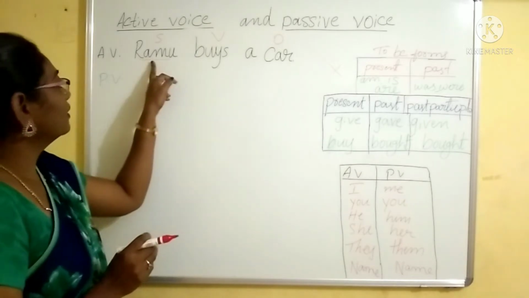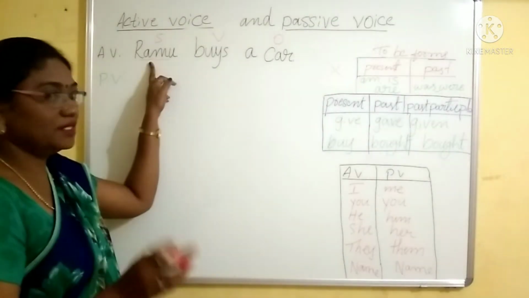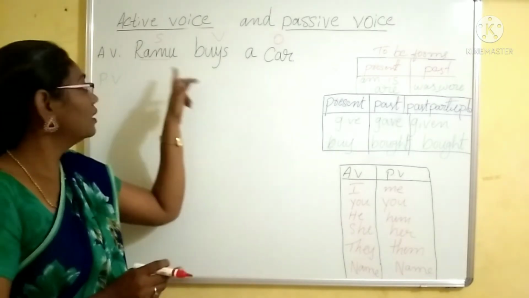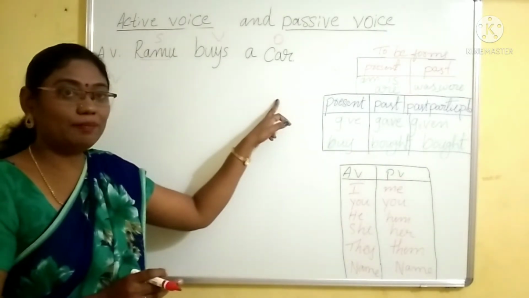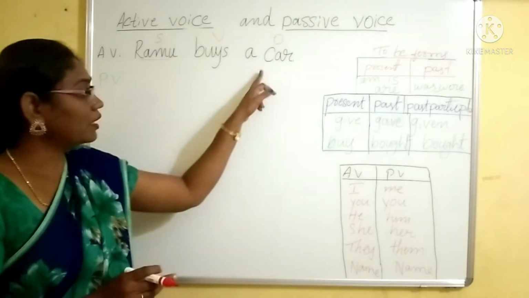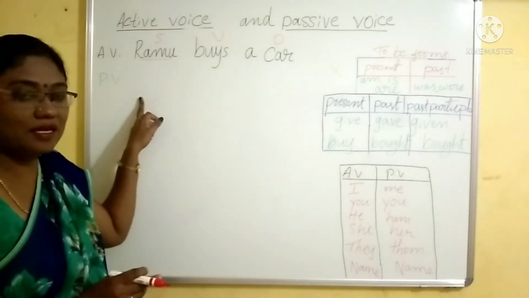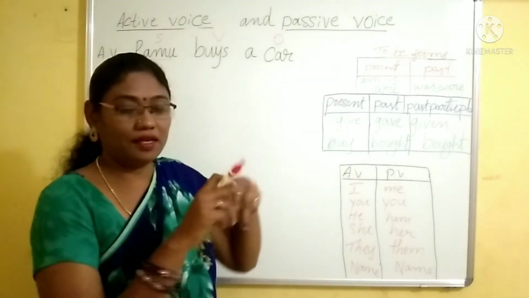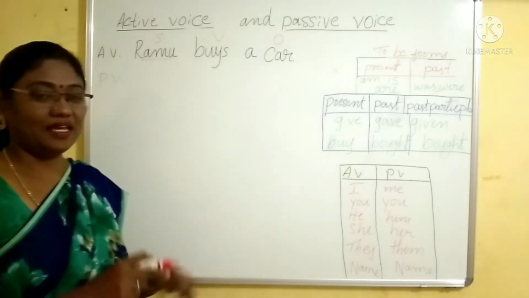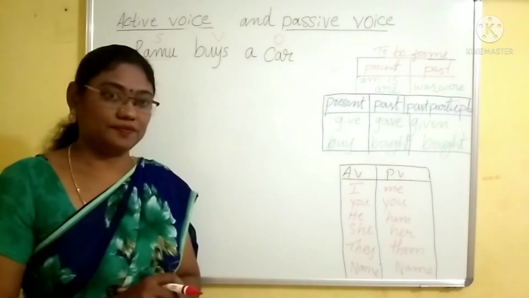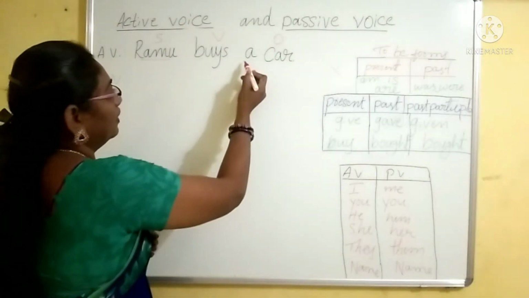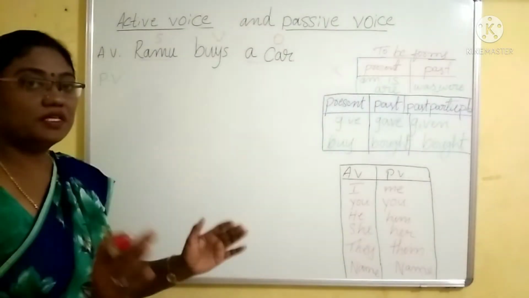See, Ramu is the subject here, and in passive voice, Ramu will go to the place of the object. The car will come to the place of the subject. That is why I mentioned the cross mark here, exact opposite of this. As per the first step, I must write the object first.